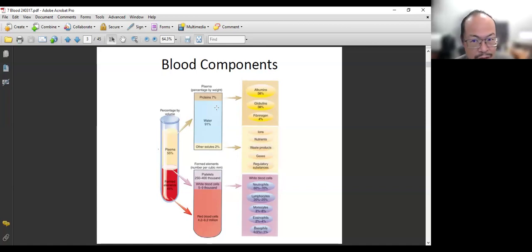All right, so we're going to have a quiz on that: which of the following is the most abundant plasma protein. All right, so albumin. The second one is globulin. Globulin has many things. It's a collection of so many things. A lot of those are basically just carrier proteins.